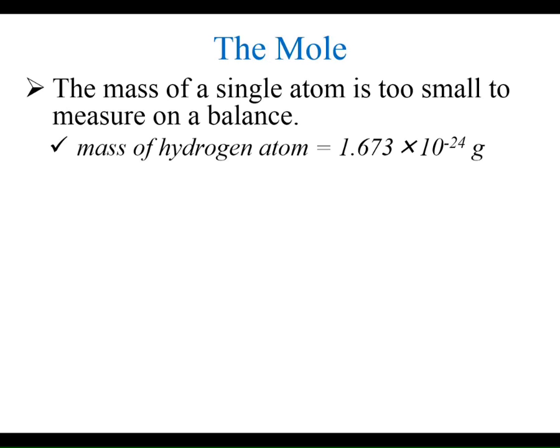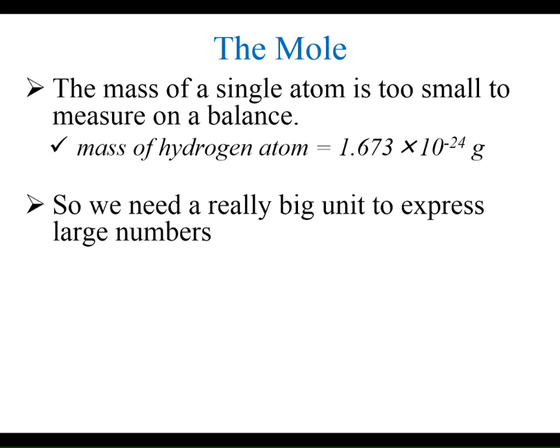So you would need a crazy precise balance. Plus, of course, the atoms are so small you can never grab just one and weigh it out. Because they're so freakishly tiny, you're always dealing with bazillions and billions and trillions of them, even if you only have 1 gram. So we need some number we can use.